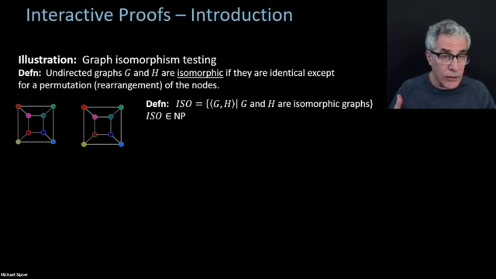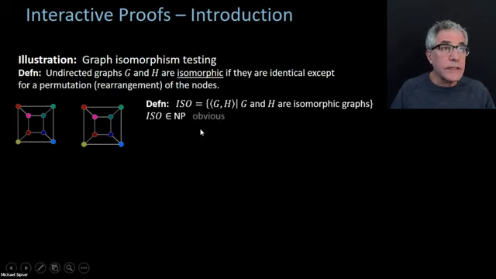And then all you need to check is that the edge relationships are consistent with that mapping, or that isomorphism as it's called. So it's easy to see that the ISO problem is in NP. And if you're not getting that, make sure you understand, because the whole first part of the lecture will be lost if you don't understand this ISO problem.